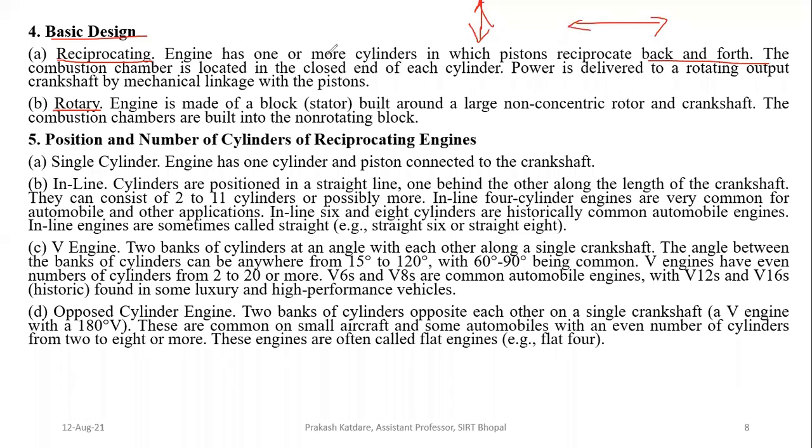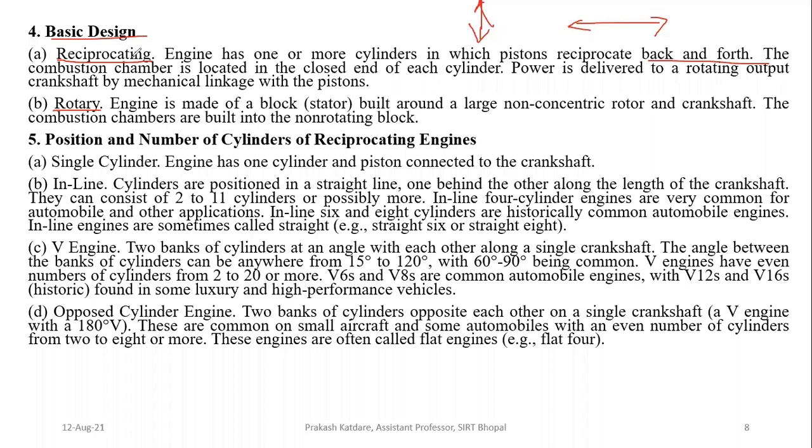In this, the combustion chamber is located in the closed end of each cylinder. Closed end means the space between the cylinder head and the piston. That is our combustion chamber.